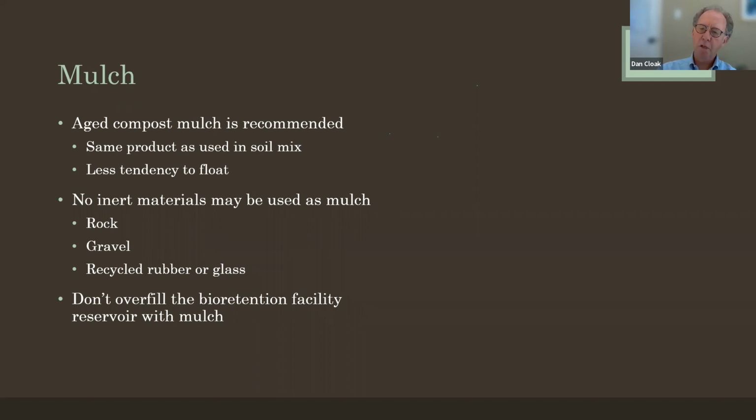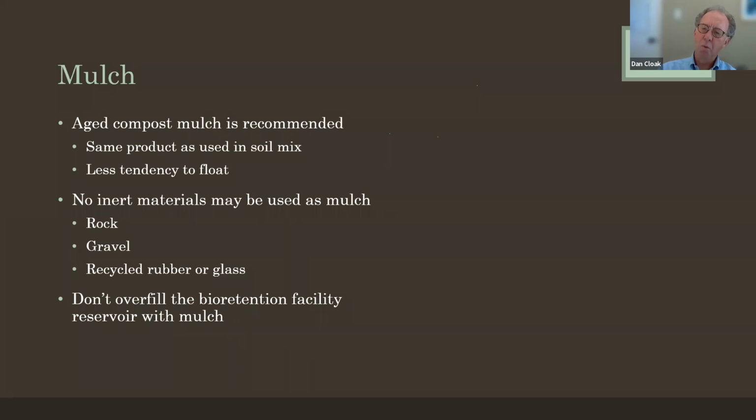One is it raises the question about whether you're effectively getting that biological activity that you want. Other issues that come up with rock that I've seen is you put in the rock mulch and then plants or weeds start to come up, and you've got no way to deal with that without removing it.